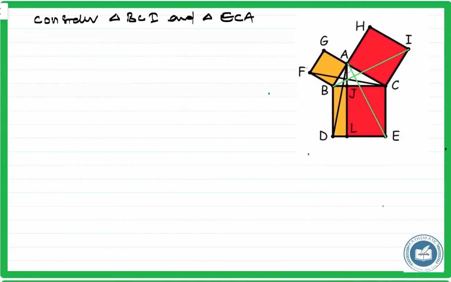Here you see these two triangles are congruent. How can we say that? Here BC is equal to CE, and this one is a side. Also CI is equal to AC. This one is also a side.